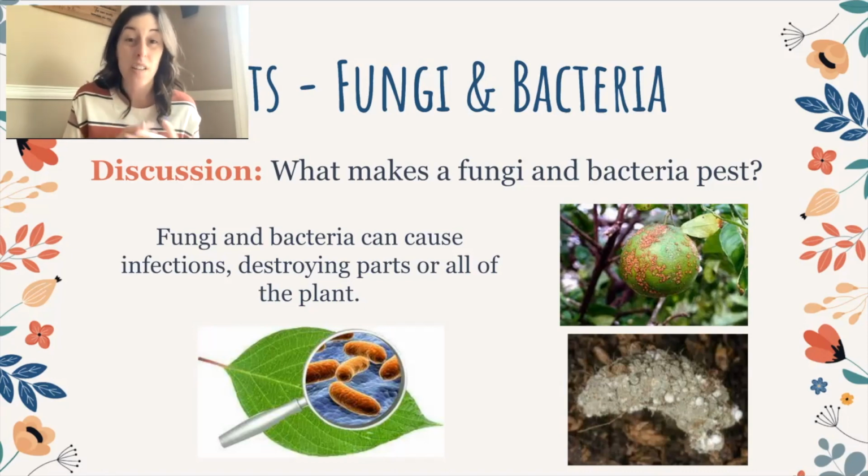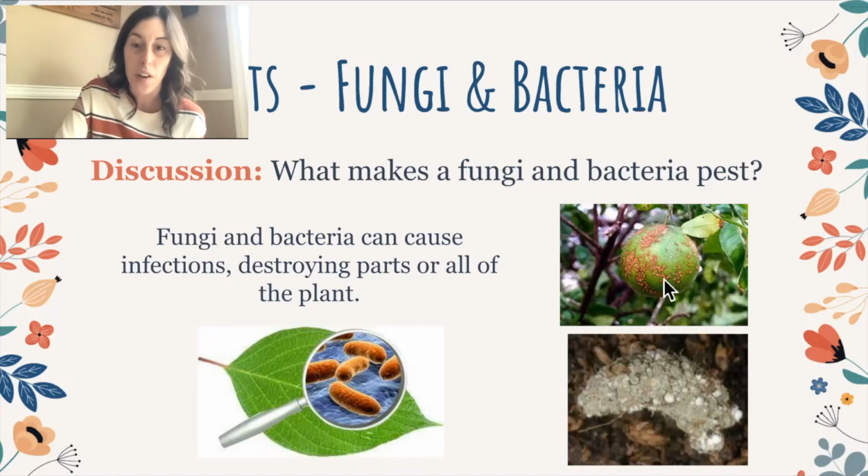They cause infection, they destroy parts or all of the plant. As you can see in these pictures, there's either fungi like mold in this bottom picture, or bacteria has consumed this piece of fruit, and notice there's no way for us to pick it and cut around it. That whole fruit is completely destroyed, or parts of it.